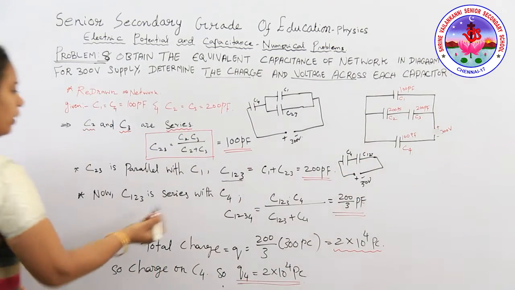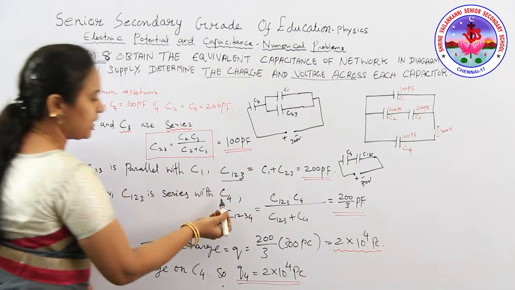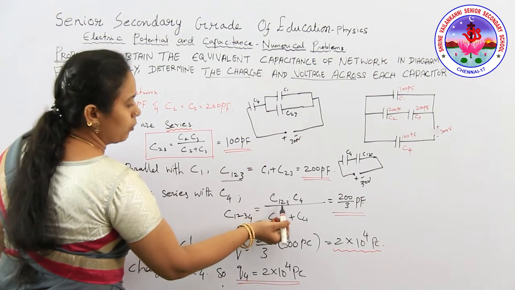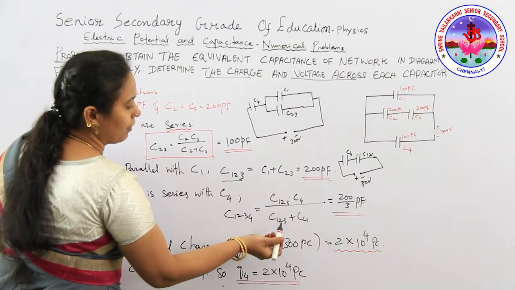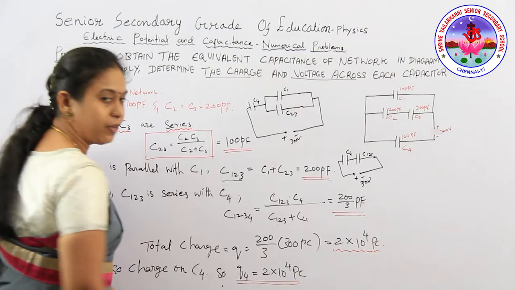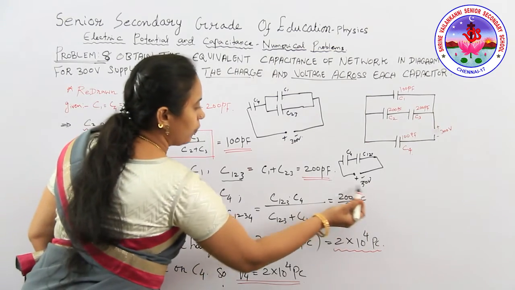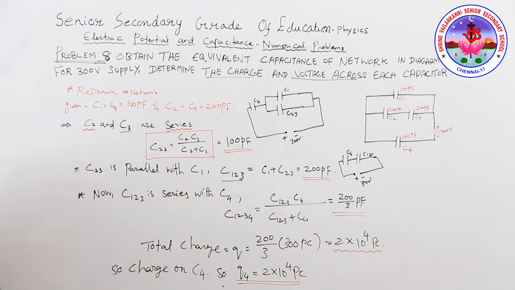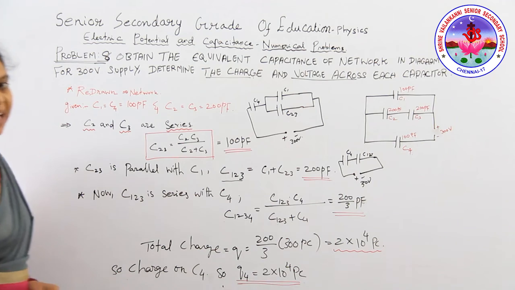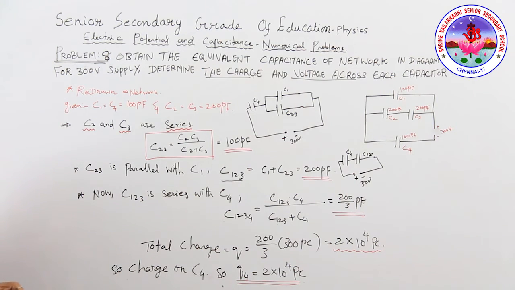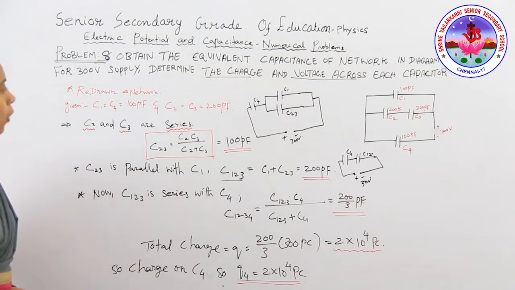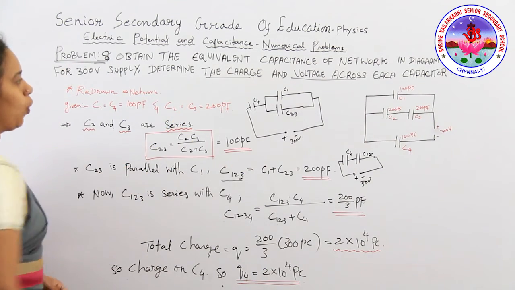Now directly you can use the series formula: C1234 equals C123 into C4 whole divided by C123 plus C4. So finally we got 200 by 3 picofarad. So we resolved the individual values, and finally the single capacitor C1234 value is 200 by 3 picofarad. Now the question is the charge and the voltage across each.